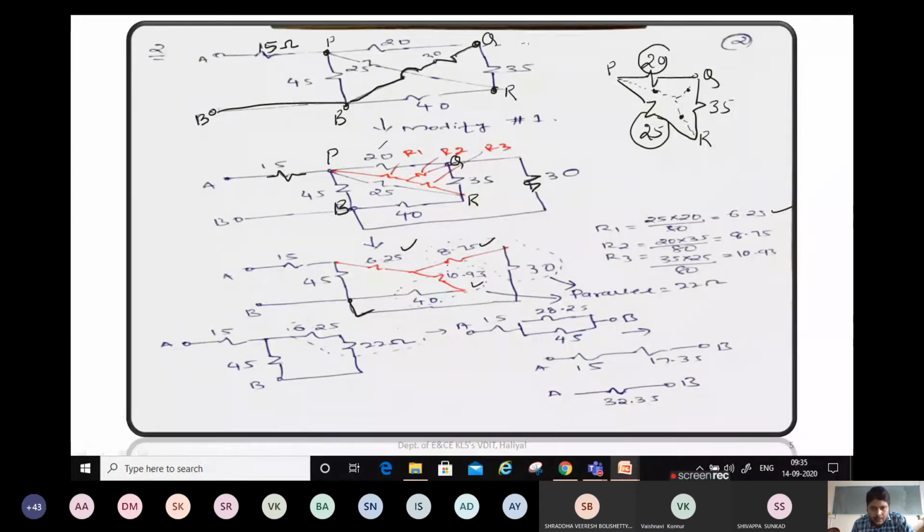Here you can see these 8.75 and 30 ohms. How are they actually placed? If we check those, what we get is this value. And if you check the other values, check this value, is that correct or not?